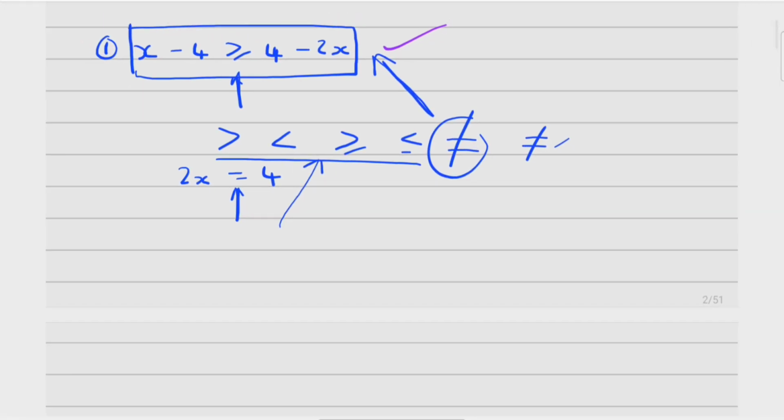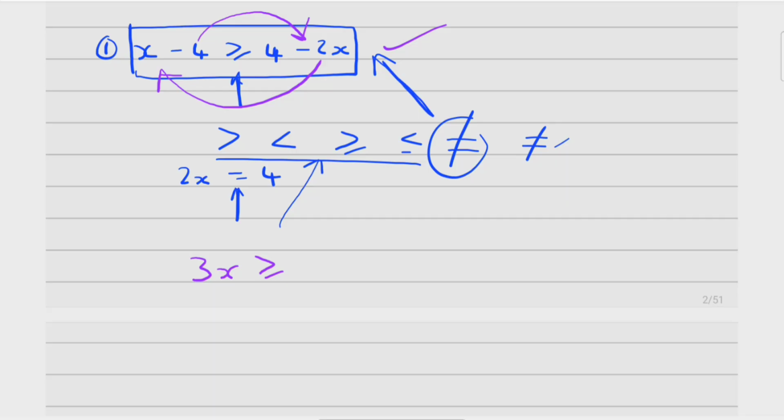If you haven't done that already. So we take the minus 2x to the other side, so it will be x plus 2x, and that will be 3x, right? Then the minus 4 to the other side, so it will be 3x, like this, then 4 plus that 4. So we're taking this minus 2x to this side, and this minus 4 to the other side.